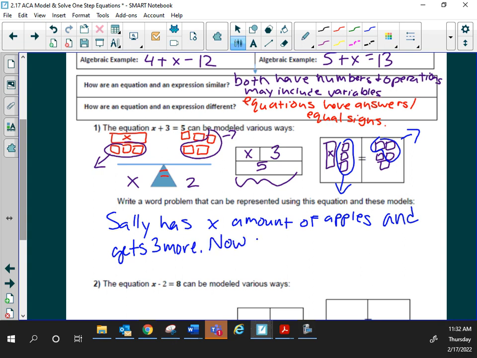Now she has 5 apples. How many apples did she start with? 3 apples. No. 2.